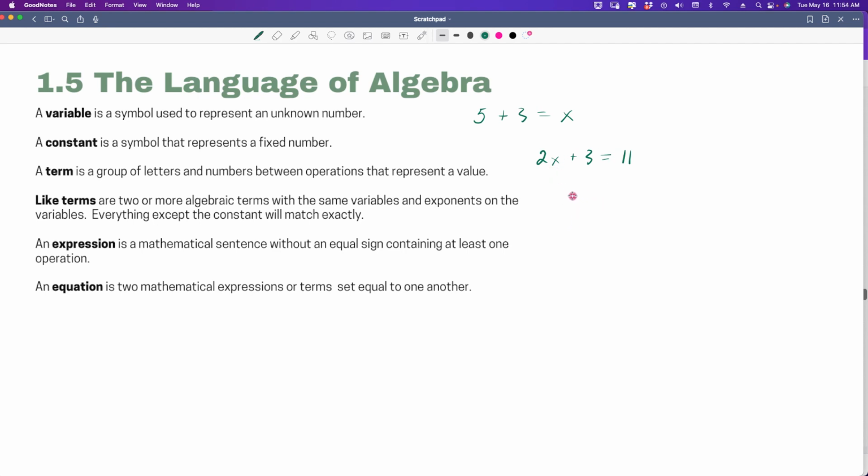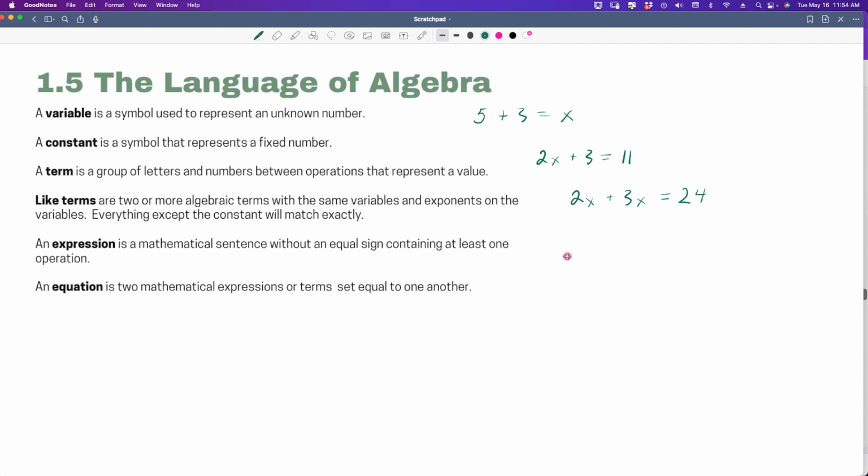What I mean by that is, if I have 2x plus 3x is equal to 24, let's just say, the 2x and the 3x are like terms because they both have the variable x that matches, and both of the variables have the same exponent, which is just 1, which we don't write.